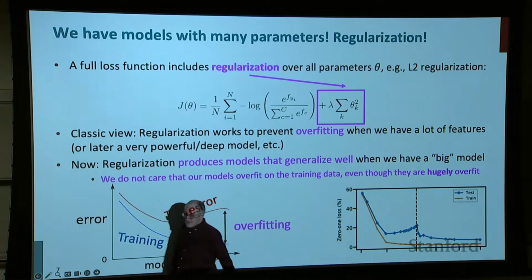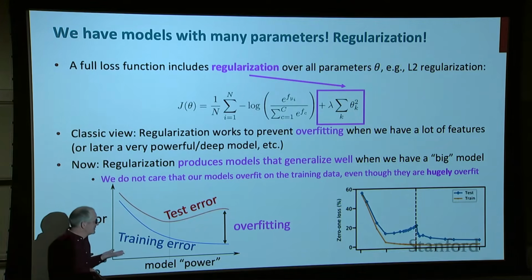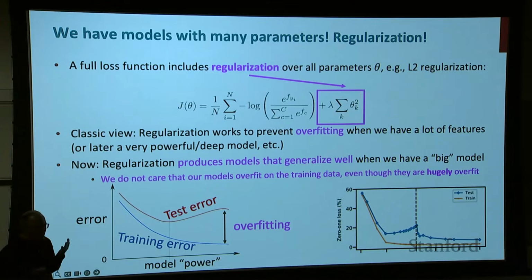And so on huge networks these days, we train our models so that they overfit to the training data almost completely, right? So if you train a huge network now on a training set, you can essentially train them to get zero loss.